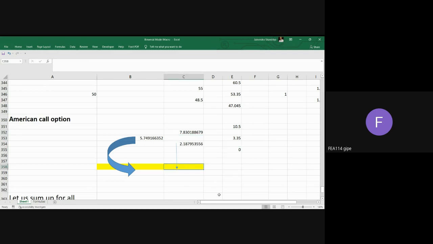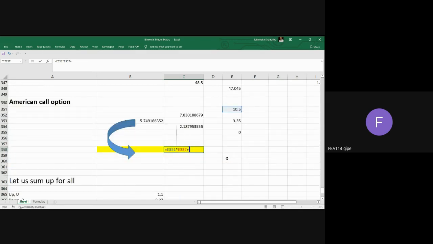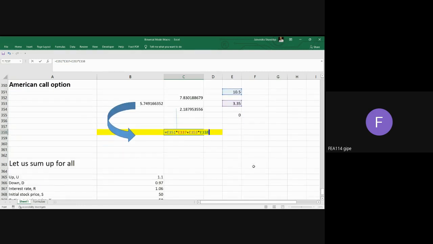So I use QU for this, and take the QU price plus QD, and then I get the up price, which is 7.83, and I got the same price here.